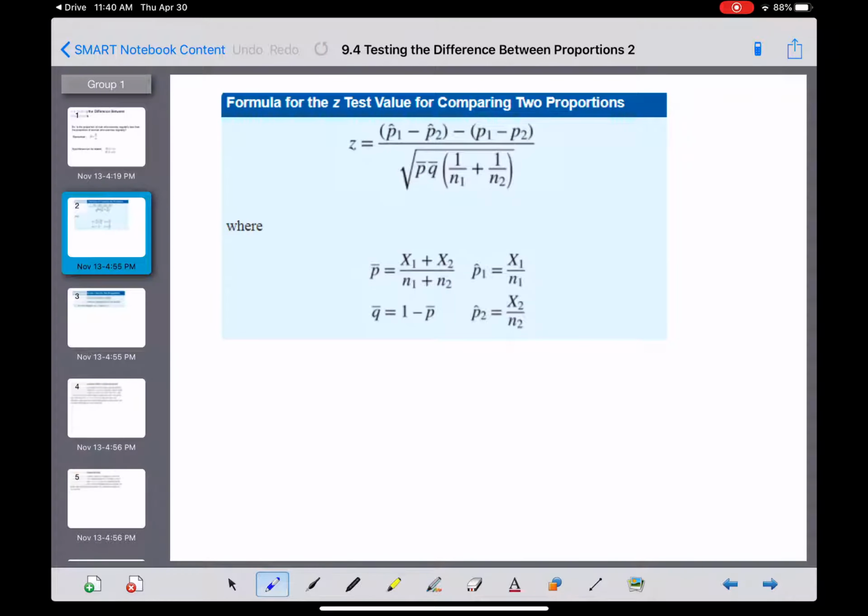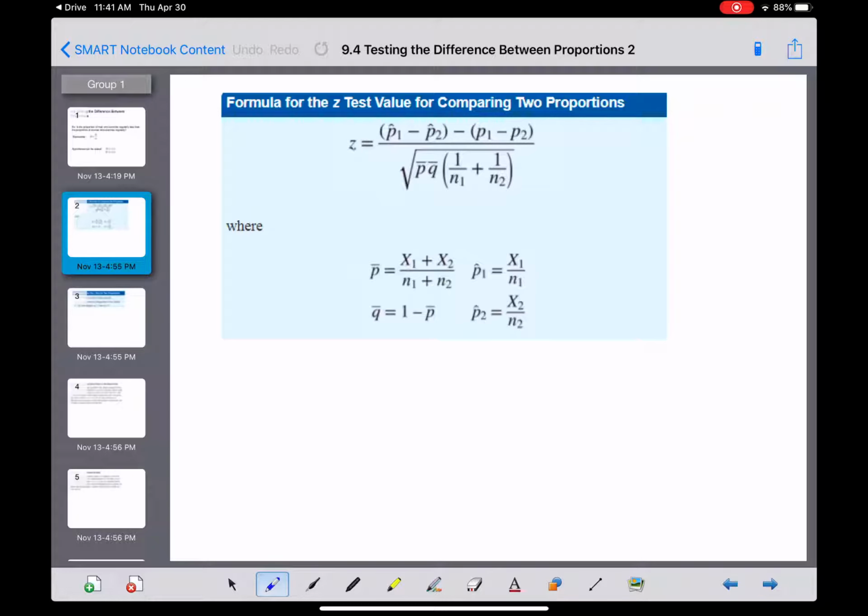This one also has a lot going on for the proportion test, but same idea: it's the sample statistic minus the population value divided by the standard error. Except now we have a p bar and q bar. P bar is just the average of the two proportions, p hat 1 and p hat 2.